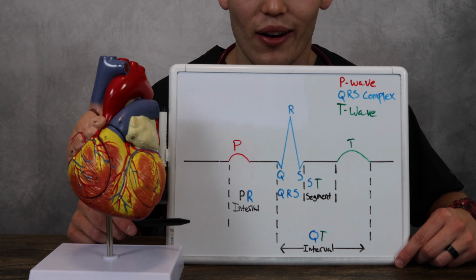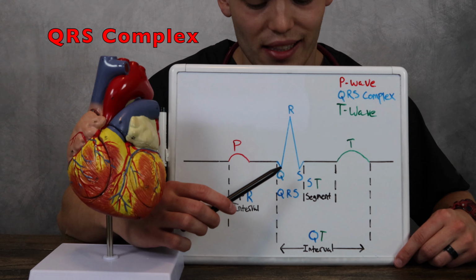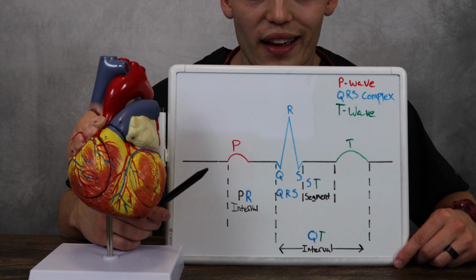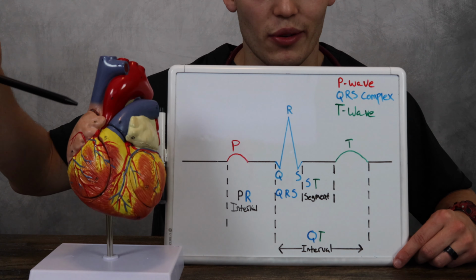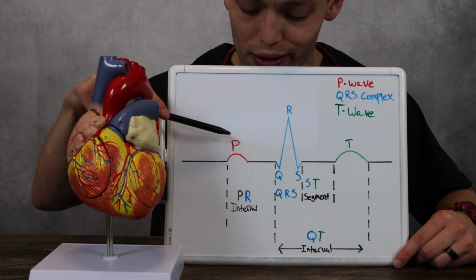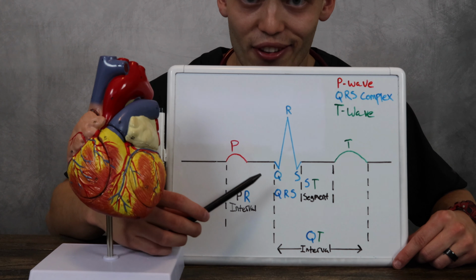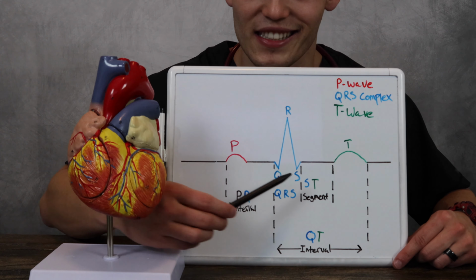So after the PR interval, this bad boy, we move to what is known as the QRS complex. It's right here in blue. Now, if you remember, this P wave represented the depolarization or contraction of the atria, and we learned that the atria are not that big, so it's just a tiny little wave. And if you look at the QRS complex, it's the biggest, beefiest portion of this ECG waveform.